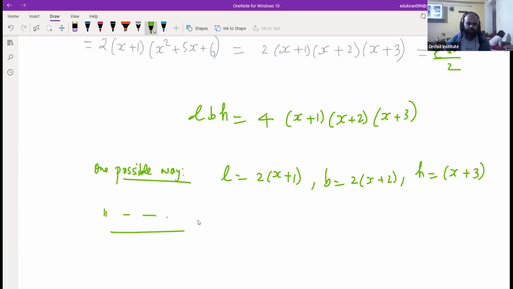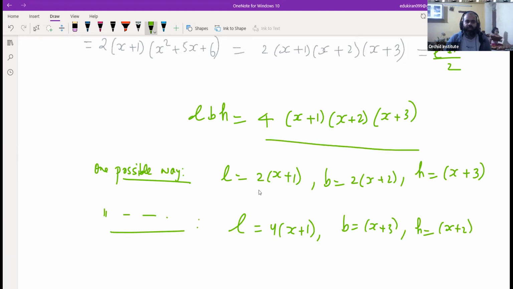Another possible way could be L is equal to 4x plus 1, B is x plus 3 and H is x plus 2. So you have to just make multiples of 3 values by distributing these multiplications. Here we have taken 2x plus 1 into 2x plus 2 into x plus 3.